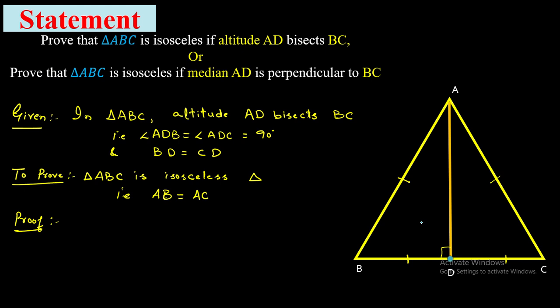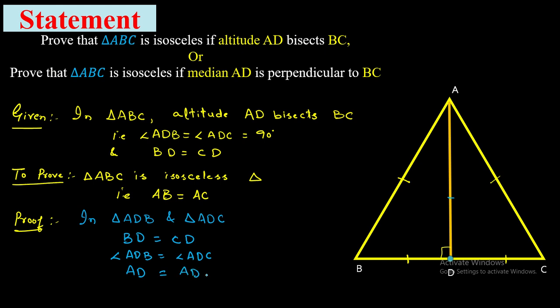So here we will take these two triangles again, ADB and ADC. In triangle ADB and triangle ADC, it is given that BD is equal to CD, then angle ADB is equal to angle ADC, and then AD is equal to AD, which is common in both the triangles.